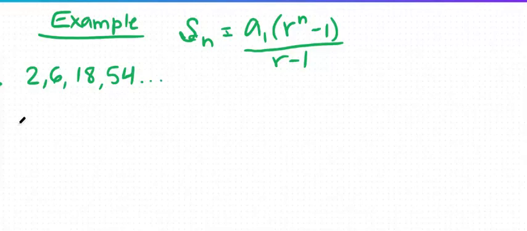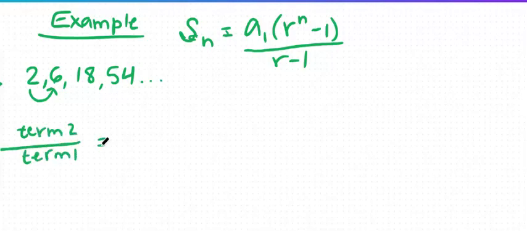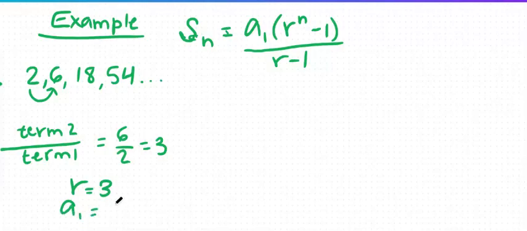My first thing I'm going to do is find that common ratio. I'm going to find what I am doing when I go from term to term. So I take term 2 and divide it by term 1. So I have 6 over 2, which is equal to 3. So my r value is equal to 3. The next thing I'm going to do is identify my a sub 1, or my first term. My first term in my list is 2, because that's the first thing that shows up on my line.